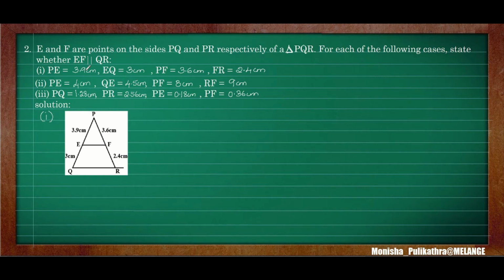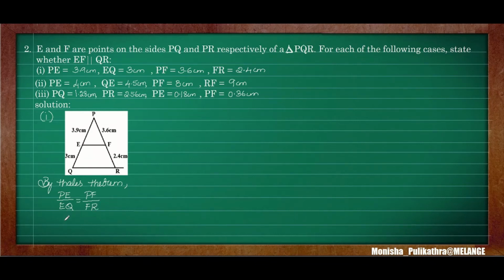PE is equal to 3.9, EQ is equal to 3 cm, PF is equal to 3.6 and FR is equal to 2.4. So by Thales theorem, PE by EQ is equal to PF by FR.